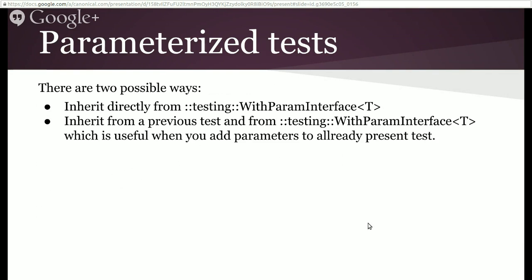Or if you already had tests, so you're contributing to a project that already had tests, and you think, okay, it's a good idea to put a test with parameters, you can inherit from the previous test fixture and then extend the testing with parameter interface, right? Because in C++ we can extend several different classes.